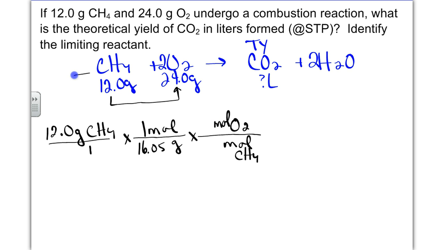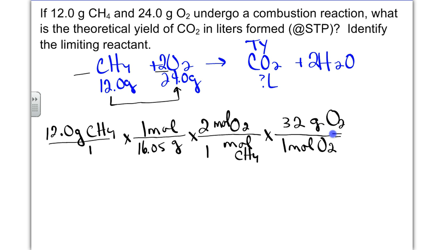It is a 1 to 2 ratio, 1 to 2. We're going to go all the way to grams so we can compare our answer to the given amount of grams. So 1 mole of O2, we're going to go to grams of O2, and that's going to be 32 grams on the periodic table. This is going to give us a yield of 47.9 grams of O2.